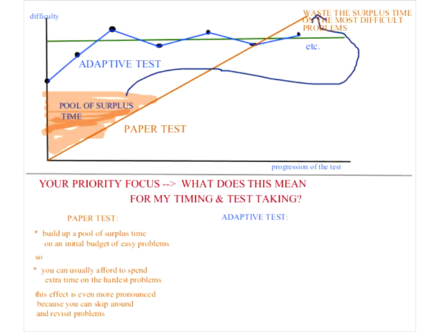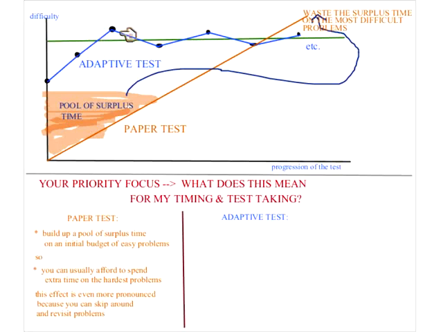Notice that none of this is true when you take an adaptive test. Absolutely none of it at all whatsoever. So what most people do is they take this sort of attitude and they bring it over to the adaptive test, and the result, frankly, is disastrous. Notice what goes on.